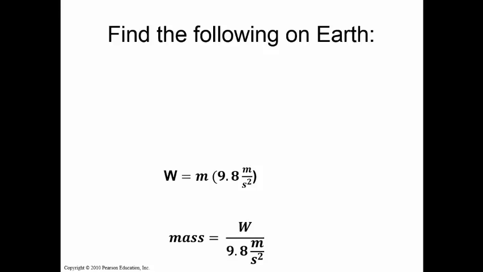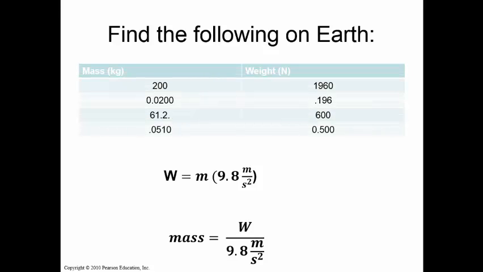Or if we want to find the mass, we take the weight and divide it by 9.8 meters per second squared. So in this chart, if I give you a mass, you should be able to turn it into weight by multiplying it by 9.8. And if I give you a weight, you should be able to turn it into mass by dividing it by 9.8.